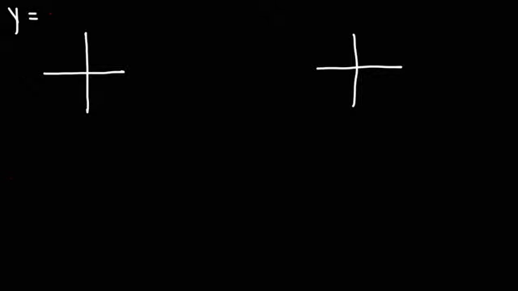y equals positive x cubed and y equals negative x cubed. And I'll give you the shape of these graphs. So positive x cubed looks like this. It starts from the bottom, and then, let me draw this better. It curves towards 0. It's actually almost horizontal at the origin, and then it goes back up.